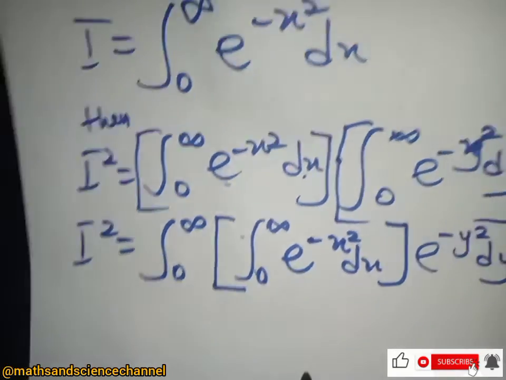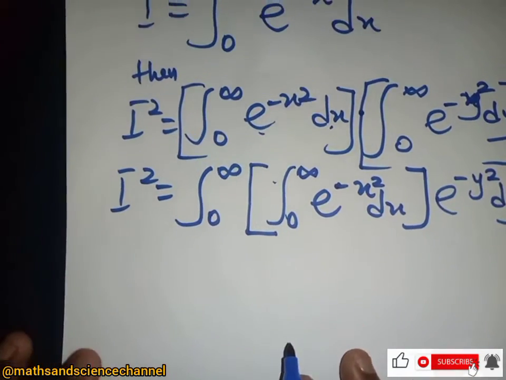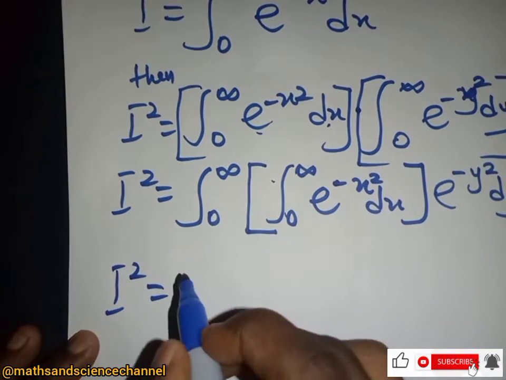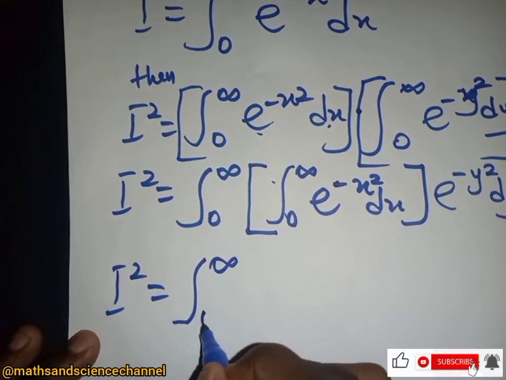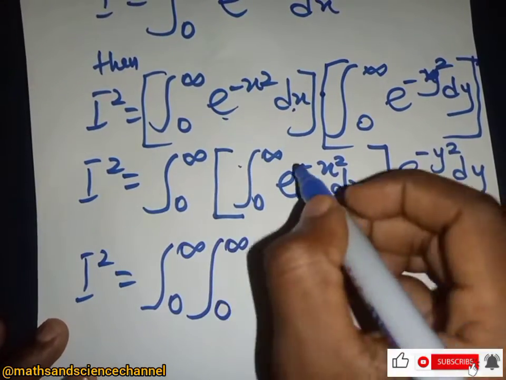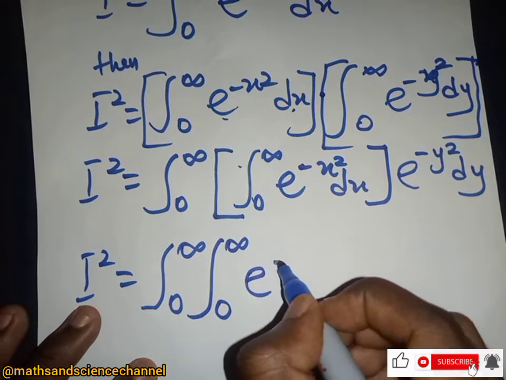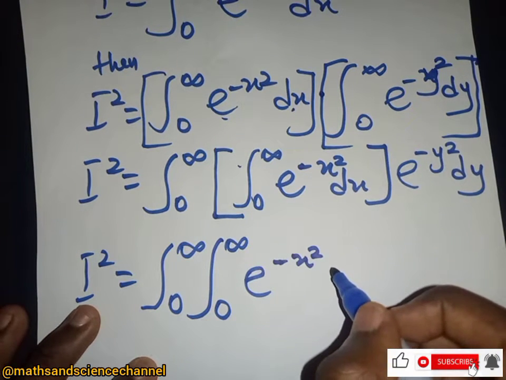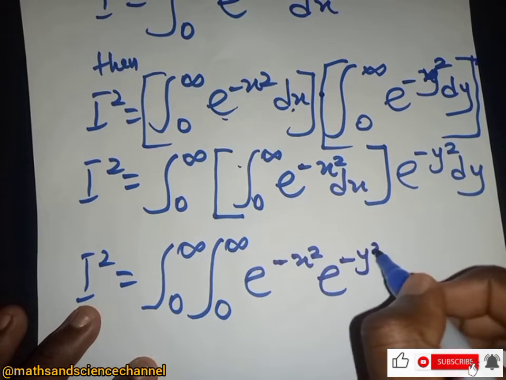Right, now from here we are going to just put them together. So since their limits are the same, so 0 here, and then we have the same thing here, so we have e exponent negative s squared here, right? And then we have e exponent negative y squared here.